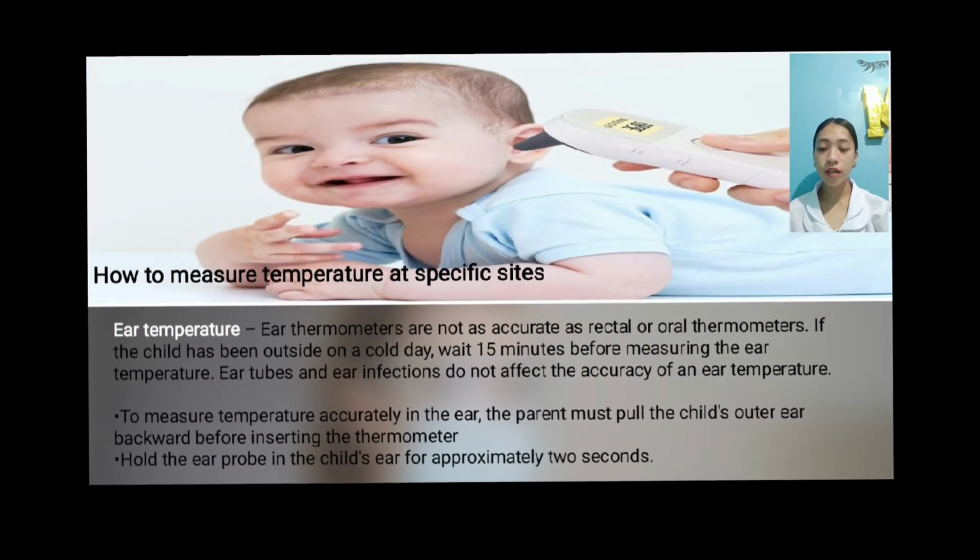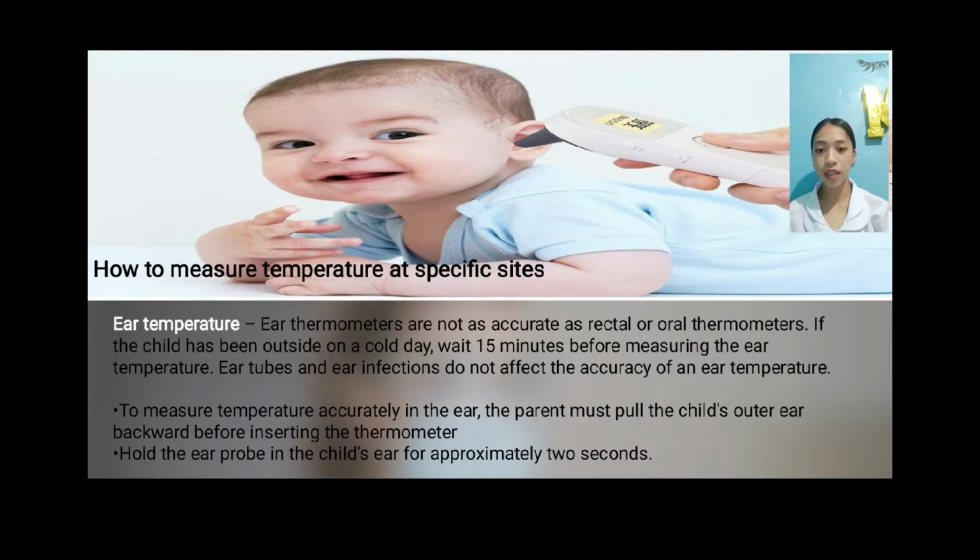Ear temperature. So ear thermometers are not as accurate as rectal and oral thermometers. So basically, ang normal ng temperature ng baby sa ear is 35.8 to 38 degrees Celsius.